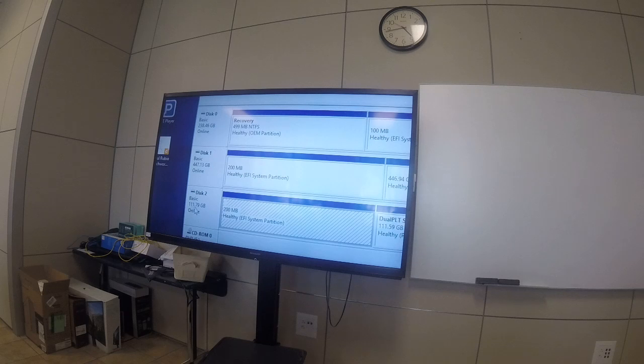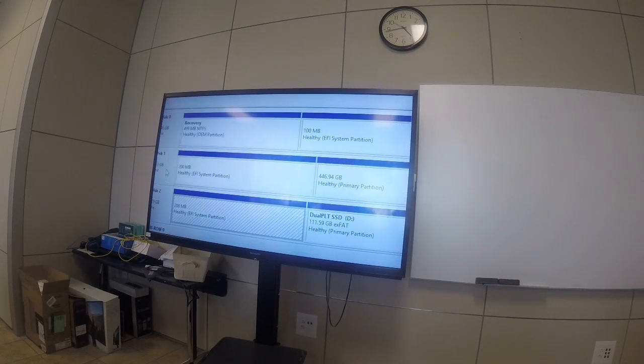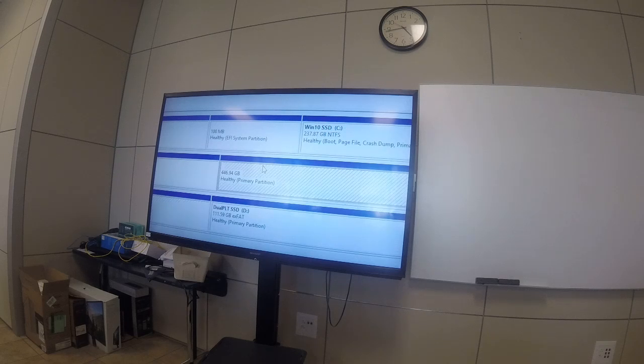Instead, this one's formatted as exFAT because on the Mac, the primary partition uses the APFS file system, which Windows is incompatible with. So that would be inconvenient, switching back between the two.